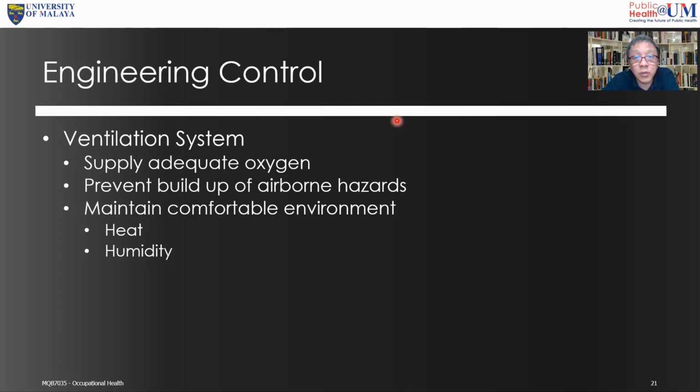The other one is to prevent the build up of airborne hazards. There are many airborne hazards in the workplace, especially, as I mentioned earlier, COVID-19, SARS-CoV-2, an airborne virus hazard that needs to be removed. And we must not forget that the ventilation system is also there to maintain a comfortable environment, to reduce the heat and maintain the humidity.